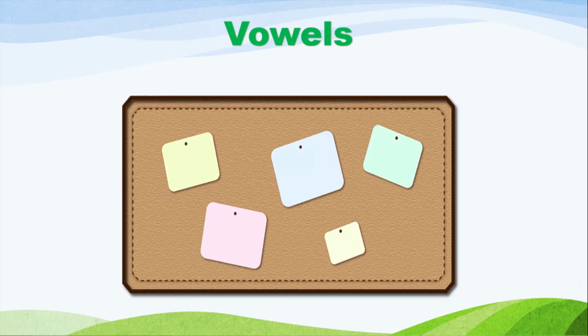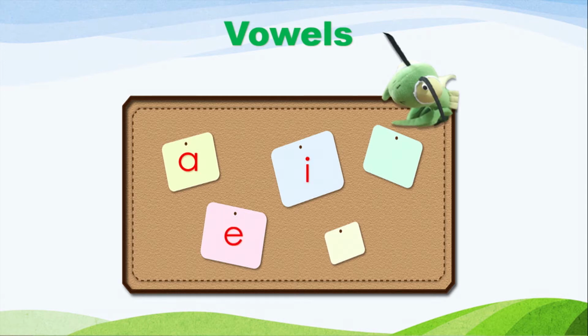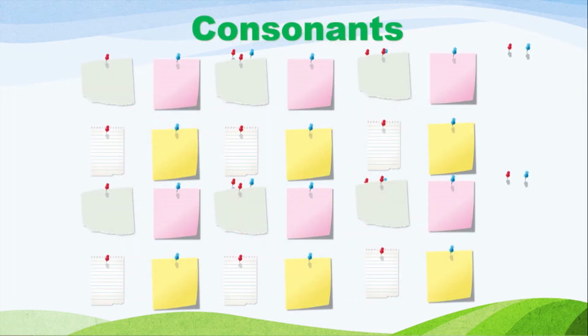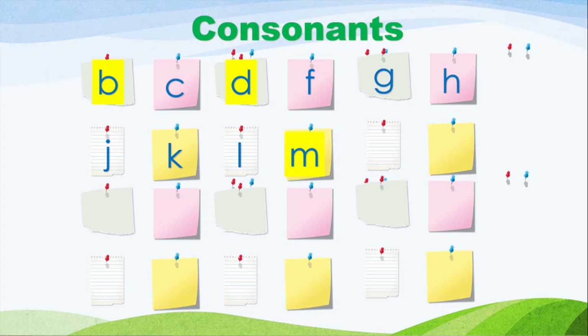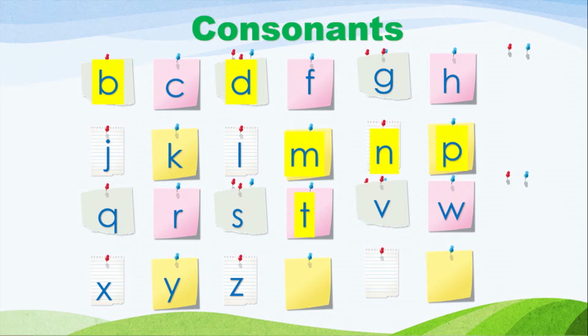So, here are our vowels: A, E, I, O, and U. And here are our consonants: B, C, D, F, G, H, J, K, L, M, N, P, Q, R, S, T, V, W, X, Y, and Z.